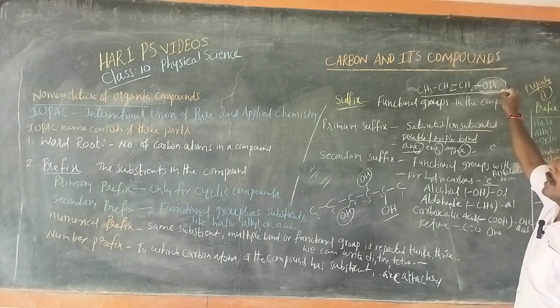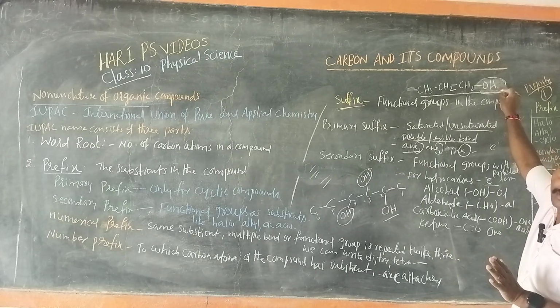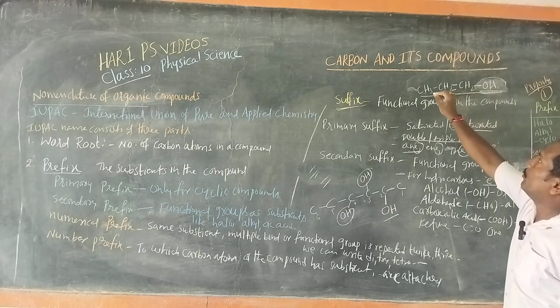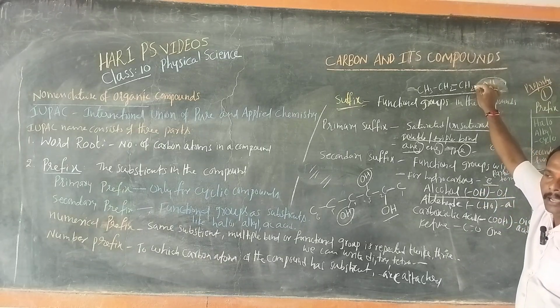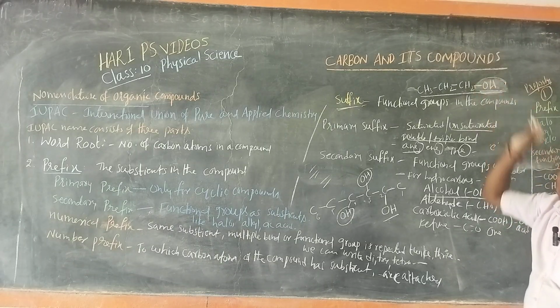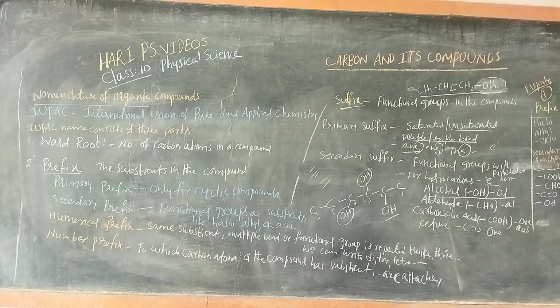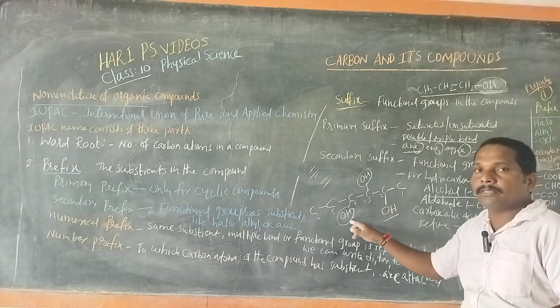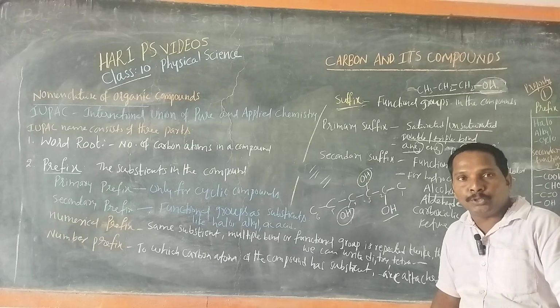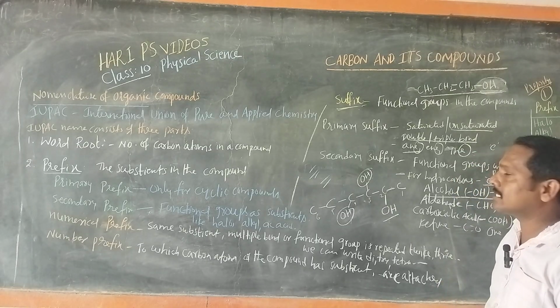Which functional group do we have? Hydroxy, nothing but alcohol. Propanol. So alcohol is ol because it is a part of the main compound. But here the OH group is a substituent, like a guest.